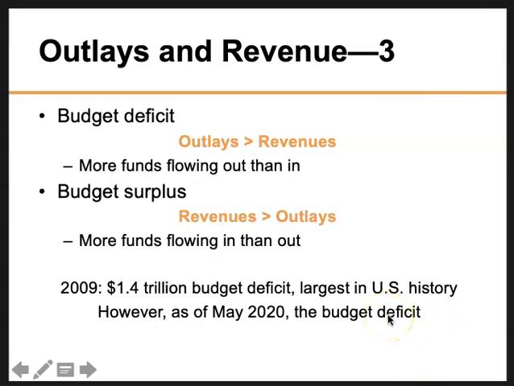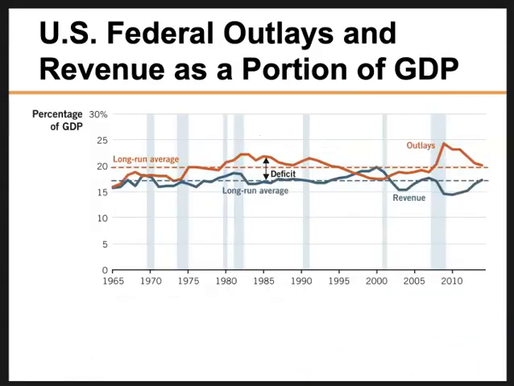However, as of May 2020, I should just type it in, the budget deficit is about $3.7 trillion. I will change that. All right, so regarding this graph, this is the deficit to GDP ratio.